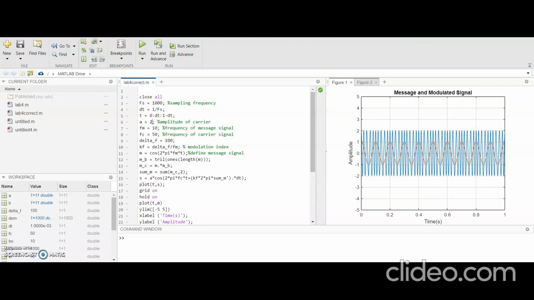For the result part, when the amplitude of the carrier is 2, the highest amplitude of the modulated signal will be 2.